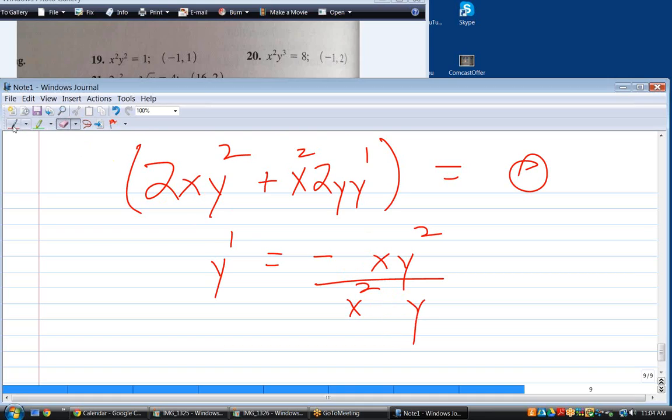And now give me my slope at this point right there. So it'll be negative 1 over 1. Actually, you know what? We can simplify this. I didn't simplify it yet.